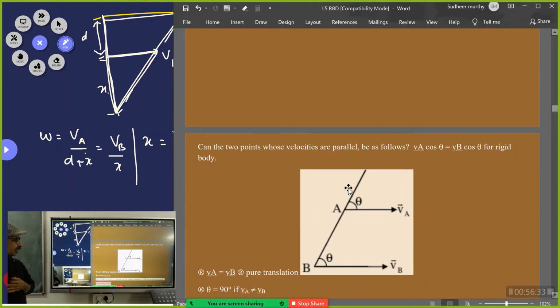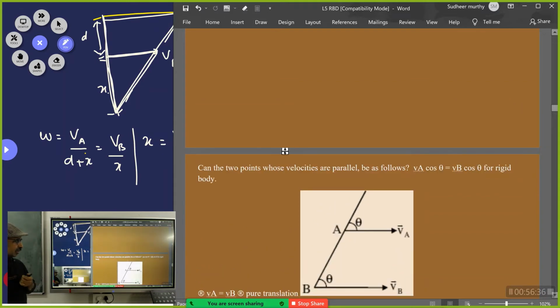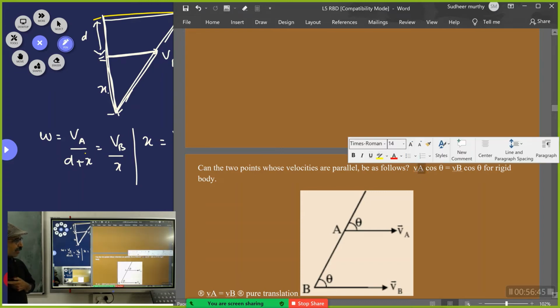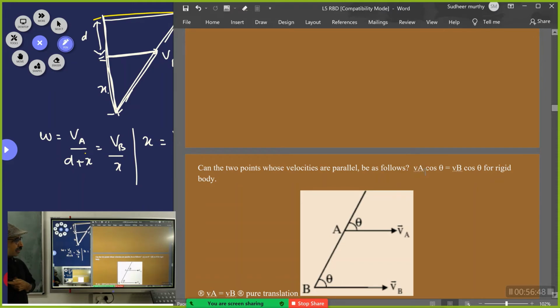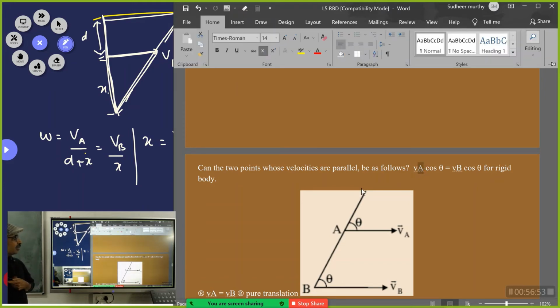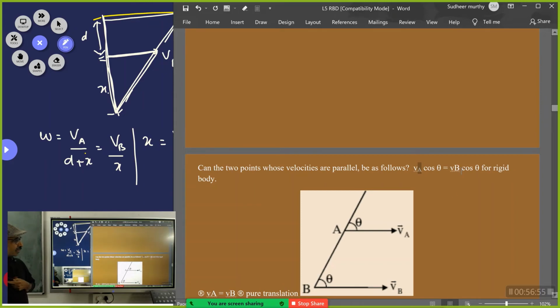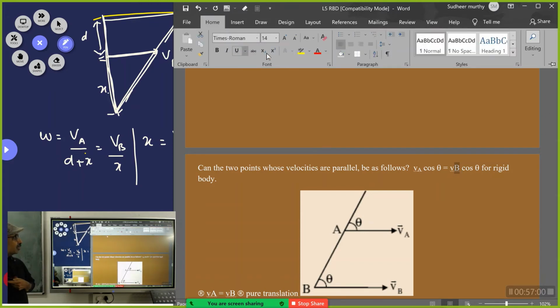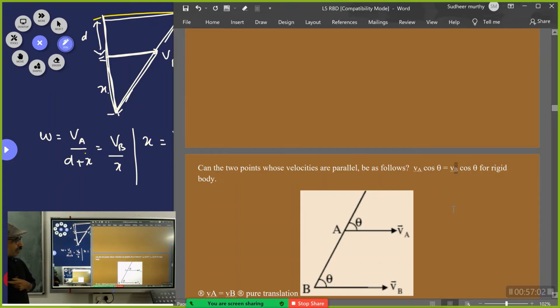So here you see, can the two points whose velocities are VA bar and VB bar be parallel, as follows? Sorry, A should be the suffix here.